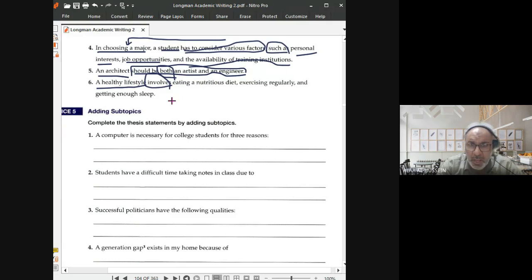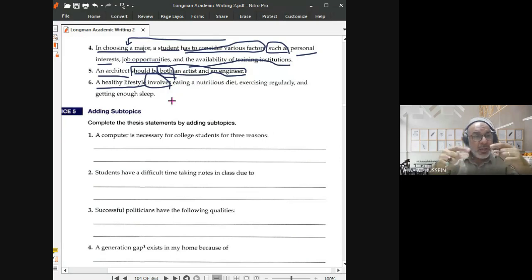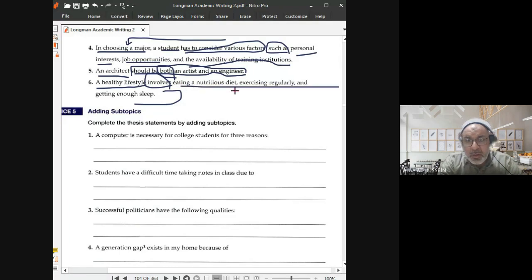Okay. Maysoon Adnan? Yes, Doctor. Yes, please. Yes, I agree with Nawar. Okay, excellent. So the same explanation as point number 5. Here we have the rest of the sentence, from "involves" until the end of the sentence, is the controlling idea, and within this controlling idea we have the sub ideas.